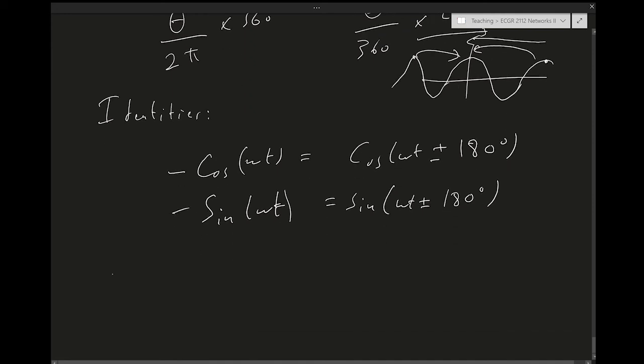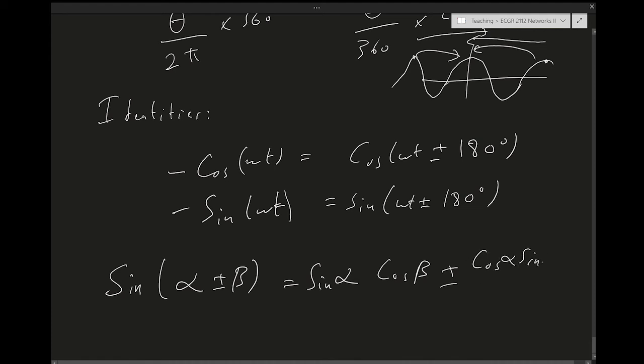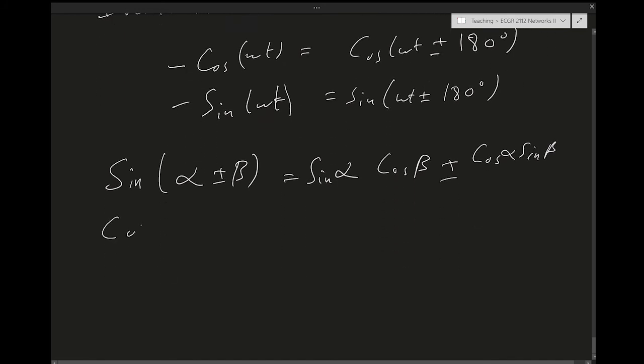Of course, there's the basic property that we discussed when we talked about complex numbers, which is sine of alpha plus or minus beta equals sine alpha cosine beta plus or minus cosine alpha sine beta, and cosine of alpha plus or minus beta equals cosine alpha cosine beta minus or plus sine alpha sine beta.